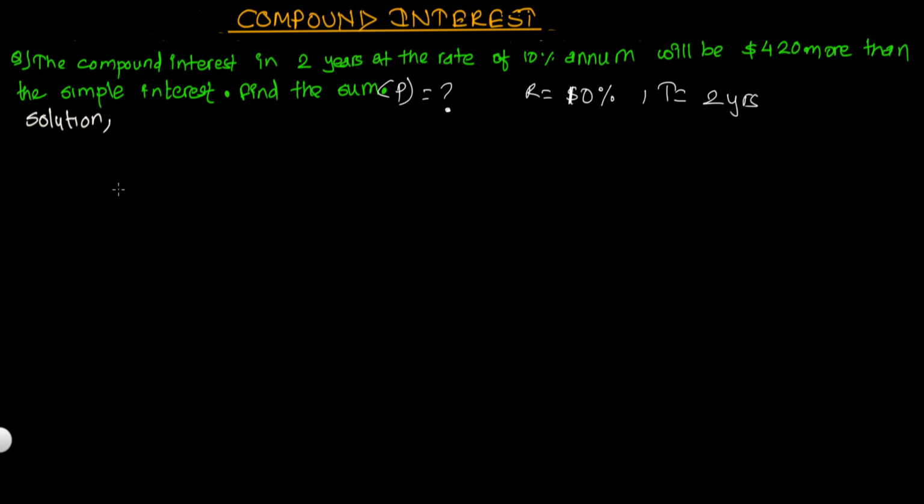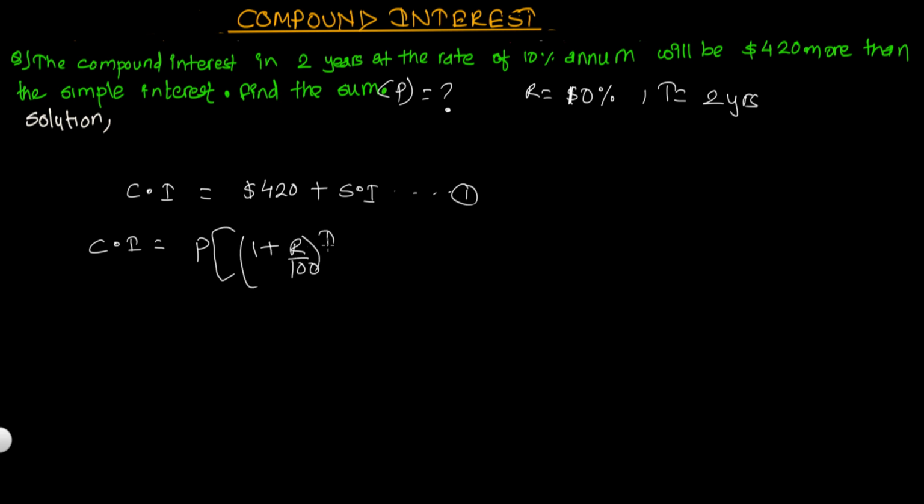From the question, the condition given to us is that compound interest is $420 more than that of simple interest. This is our condition. First, let us find our compound interest. Compound interest is P[(1 + R/100)^T - 1].